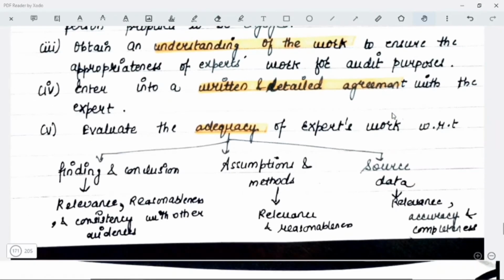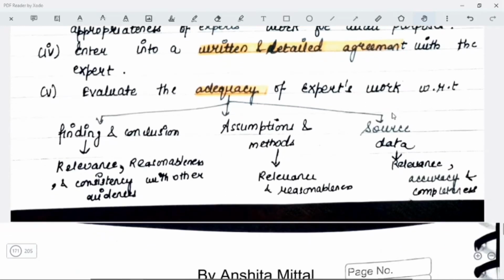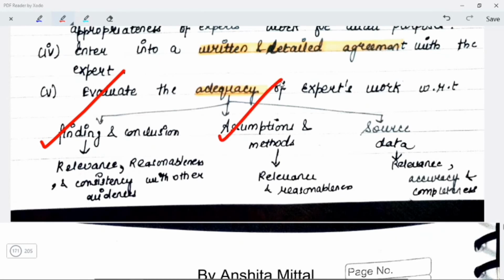Then you are going to enter into a detailed written agreement with that expert. And lastly, you are going to evaluate the adequacy of his work with respect to the findings and conclusions, whether they are relevant, reasonable, and consistent with the other evidence. Secondly, the assumptions and methods which he has used, whether they are relevant and reasonable, and the source data, that is, whether the source data is relevant, accurate and complete.